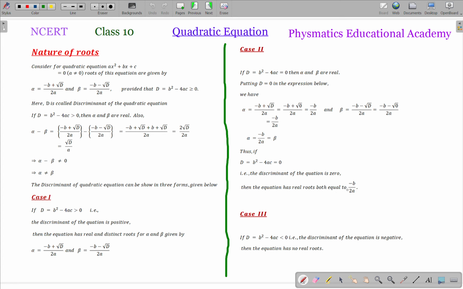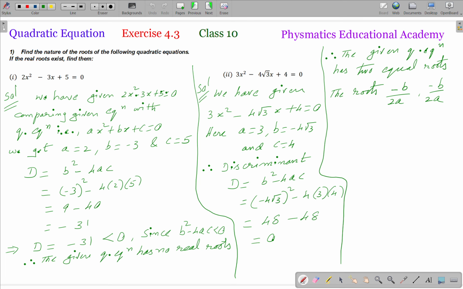That is, the quadratic equation has both equal roots, that is minus b by 2a.